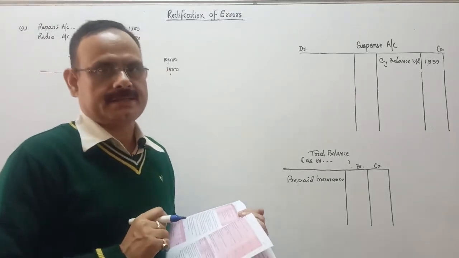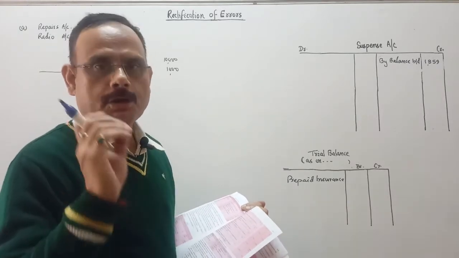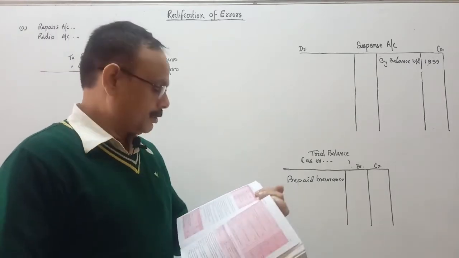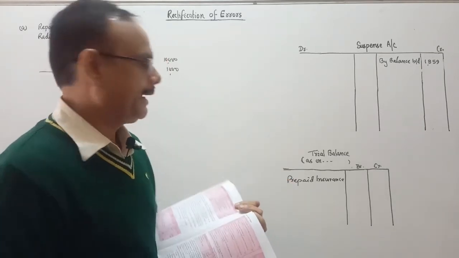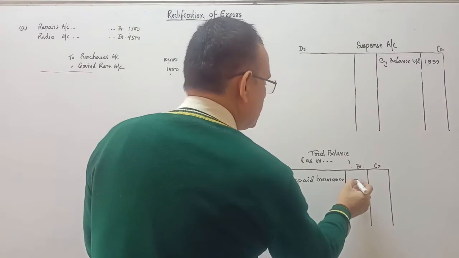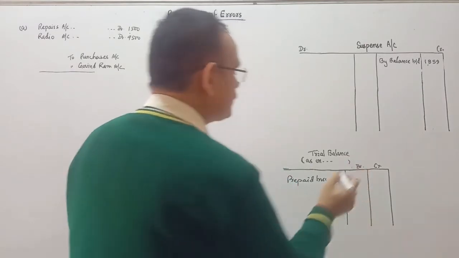It's a current asset. All current assets, or all assets, have a debit balance. So here what happened is that it was omitted to be brought forward. It means this amount is not reflected in the debit side of the trial balance.